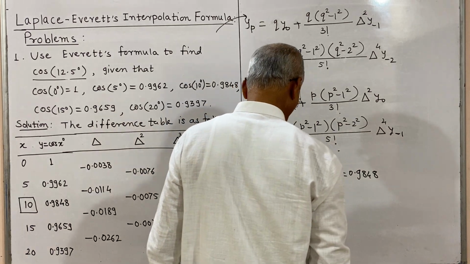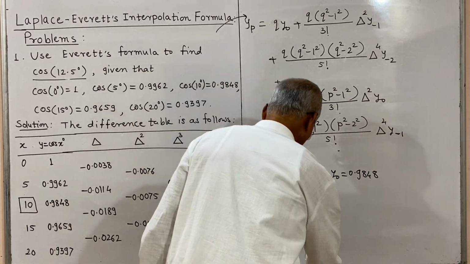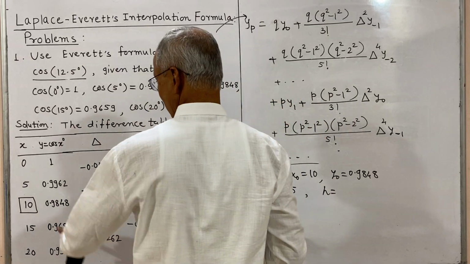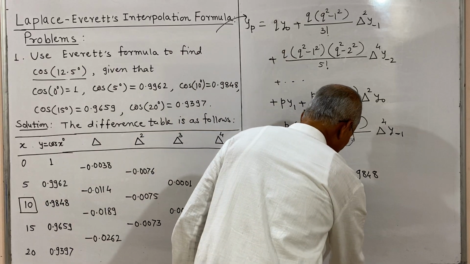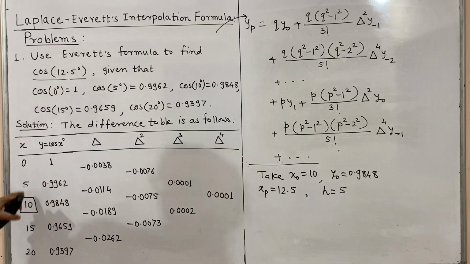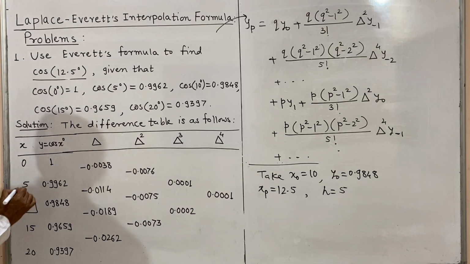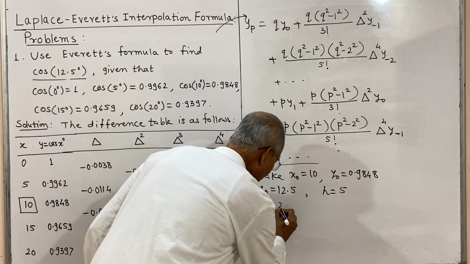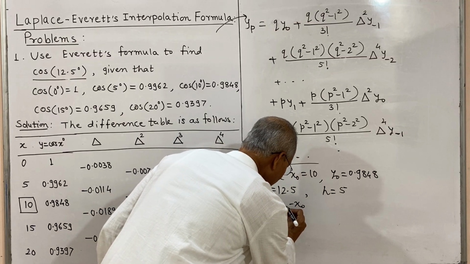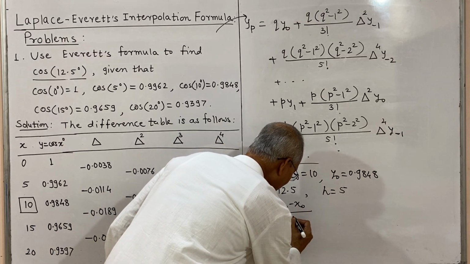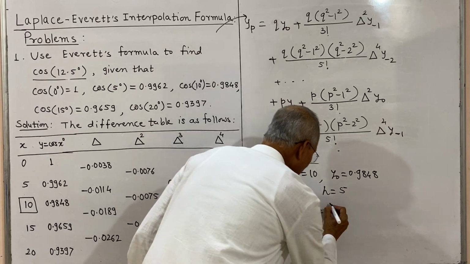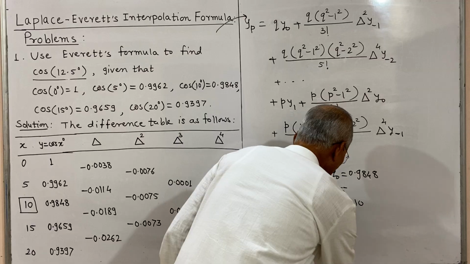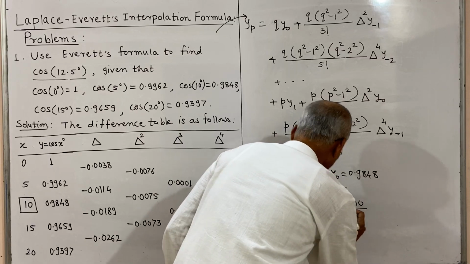So what will the p value be can be obtained from this, and what is h? H is the common difference, that is 5 minus 0, 10 minus 5, etc. And therefore the value of p is xp minus x naught divided by h, which is 12.5 minus 10 divided by 5.